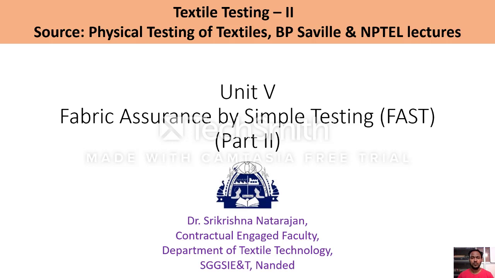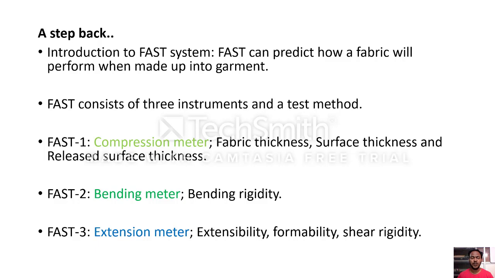We'll move on to a short discussion of the previous lecture. In our previous lecture, we discussed the introduction to the FAST system. This FAST system is similar to the Kawabata evaluation system. It also measures the low stress mechanical properties, but its complexity is much less when compared to the Kawabata evaluation system.